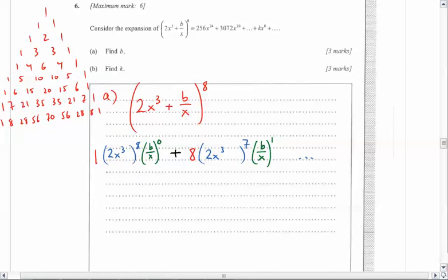So I know that this first term here must be 256 x to the 24. That's not going to help me find b since b cancels off anyways. But the second term, if I match up these two, then I should be able to find b.